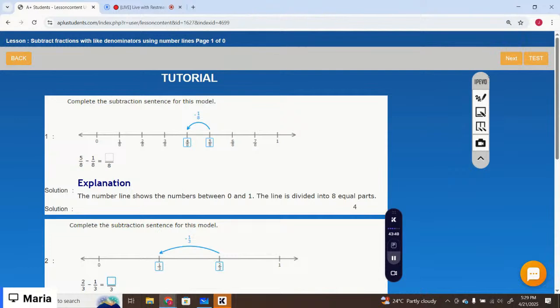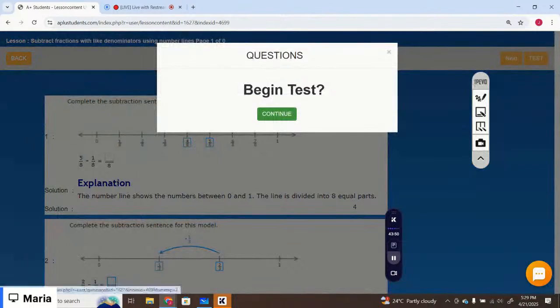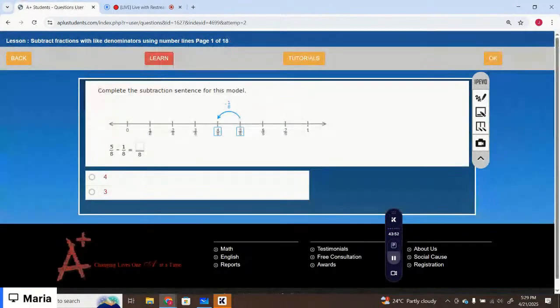Let's just start with the test questions. Complete the subtraction sentence for this model. 5 by 8 minus 1 by 8.